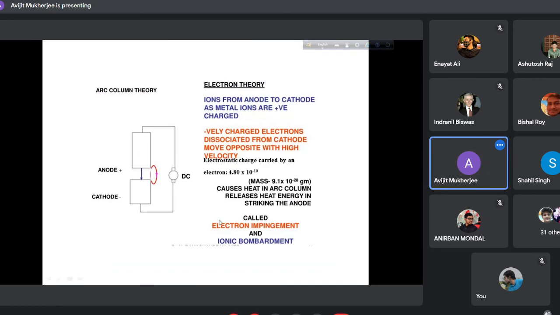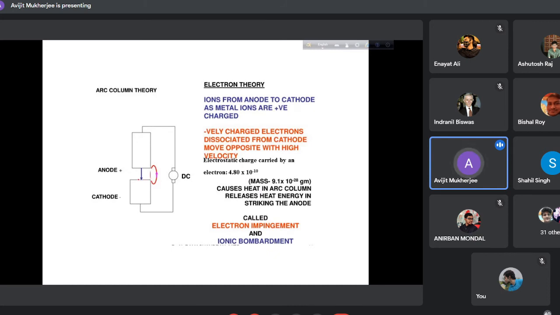Electron theory states that if the anode and cathode, the two terminals, are connected utilizing a DC power source, and as soon as they are struck and a small air gap is maintained, then it is not the ions that are liberated, but electrons are liberated at the cathode surface.